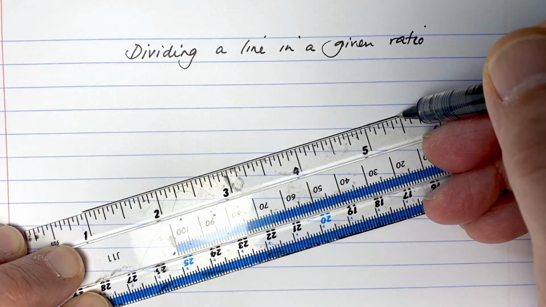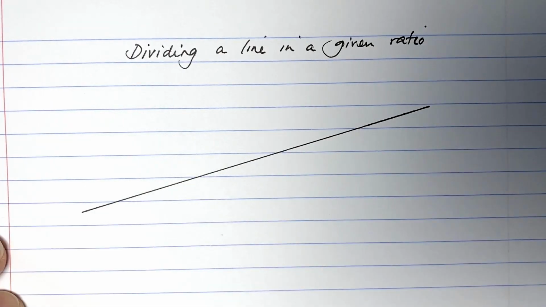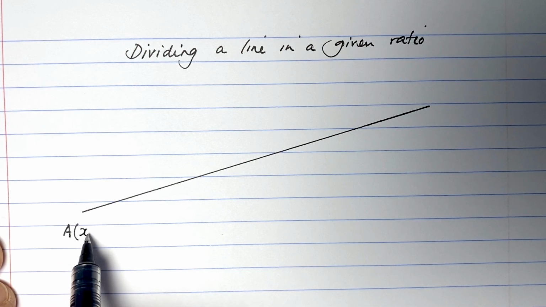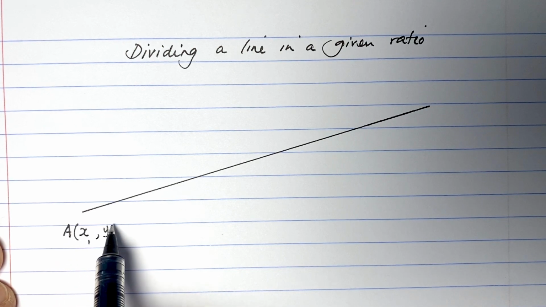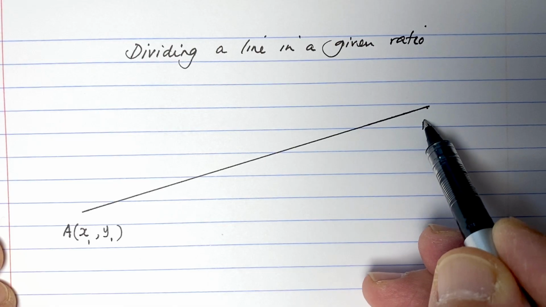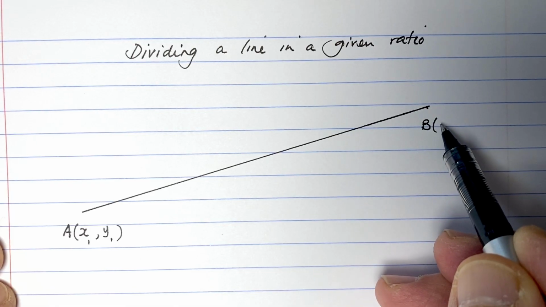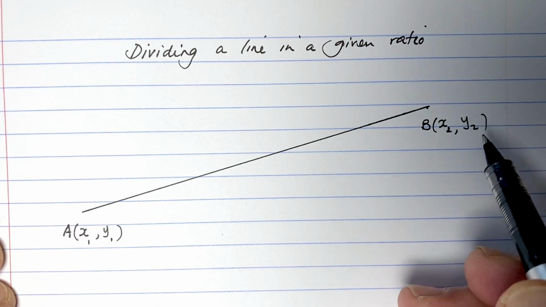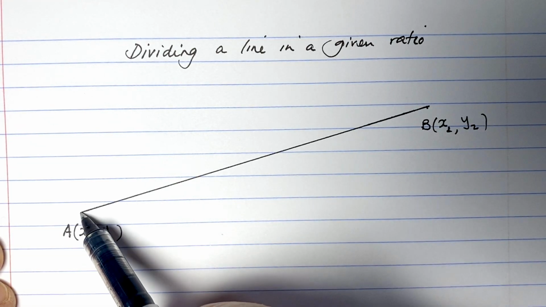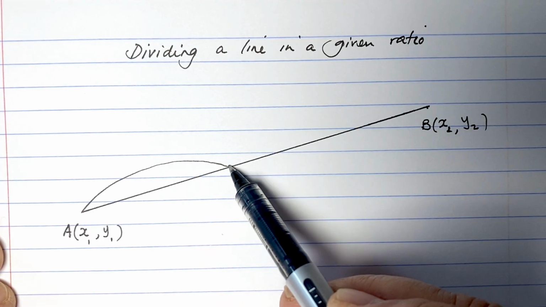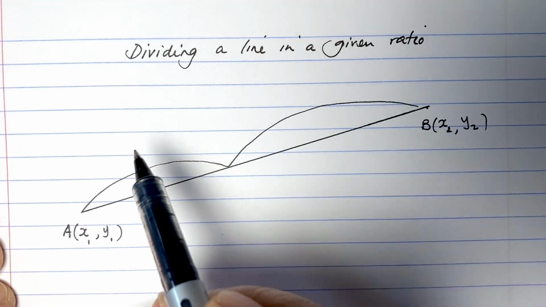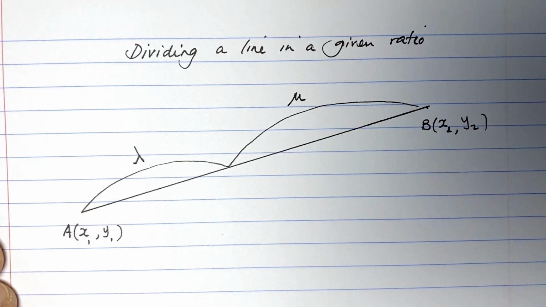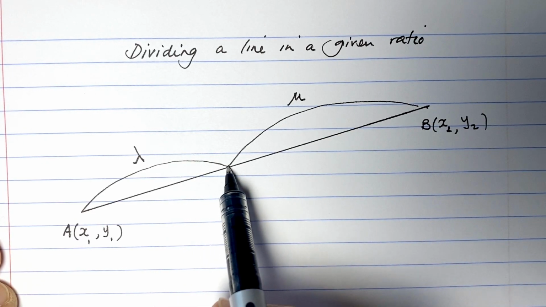Say I want to divide my line A with the coordinates x1 and y1 and B with coordinates x2 and y2 in a given ratio, say lambda to mu, and I want to know what the coordinates of this point are.